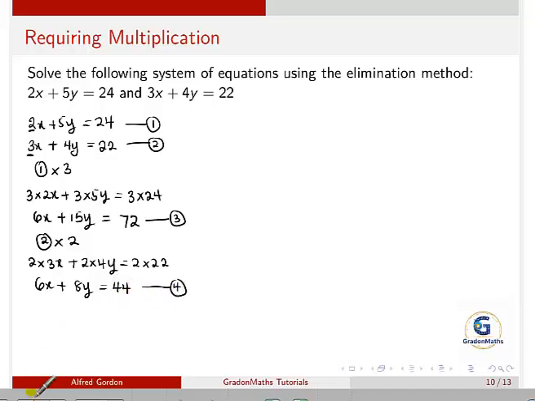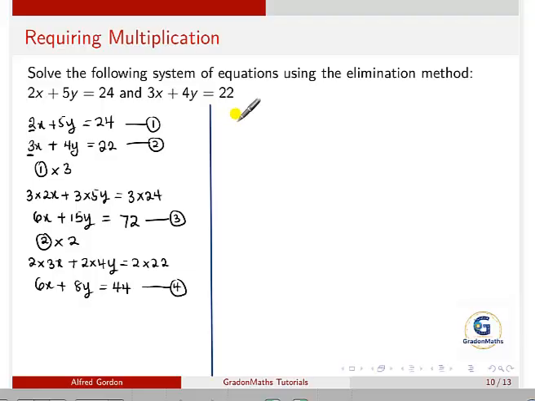Now there is something I want us to pay attention to. In equation 3 and equation 4, we can see that the coefficients of x are now the same. So we can do our elimination easily by subtracting equation 3 from equation 4 or equation 4 from equation 3.